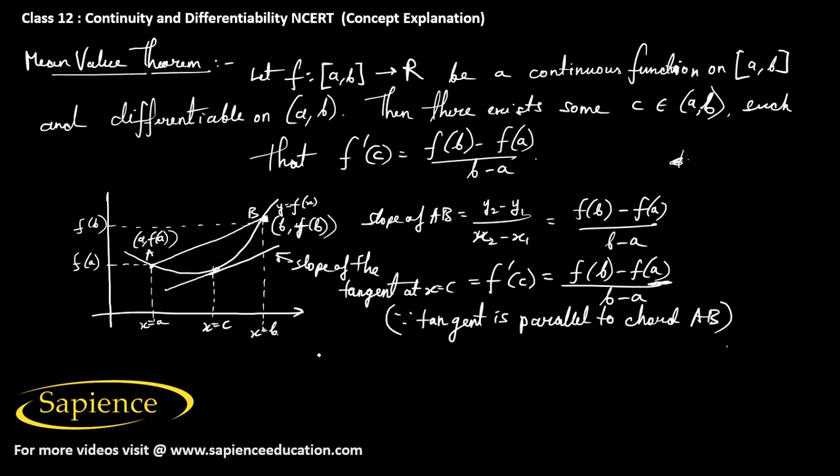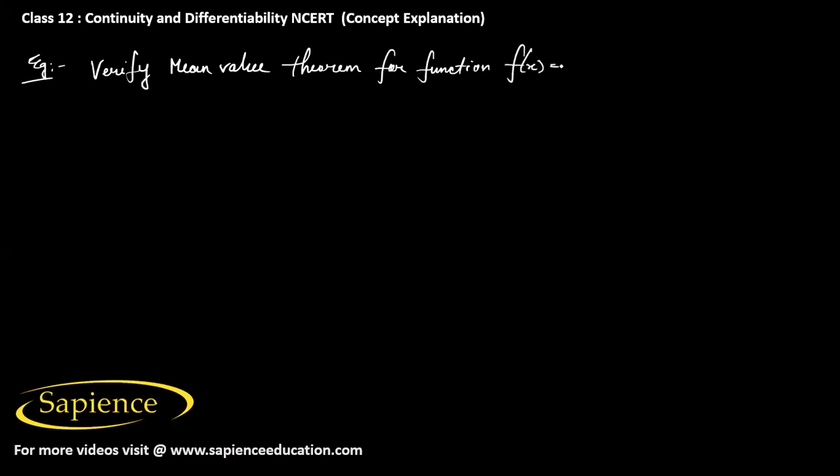So we can understand this mean value theorem by one example. Verify the mean value theorem for the function f of x equal to x square in the closed interval 2 to 4.